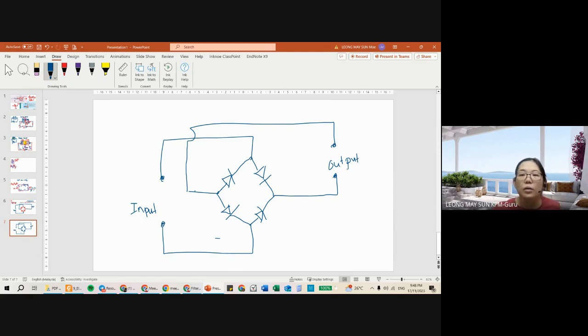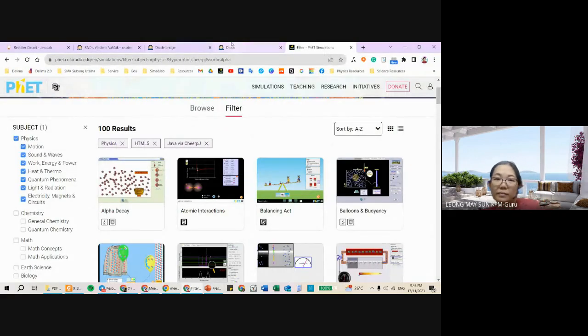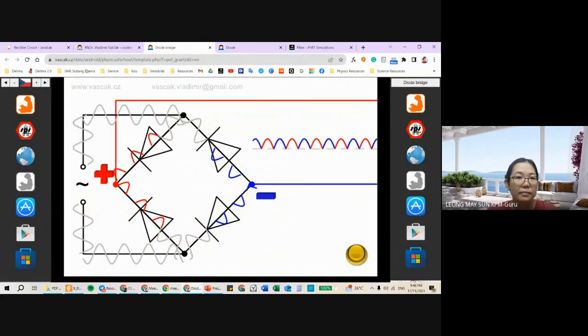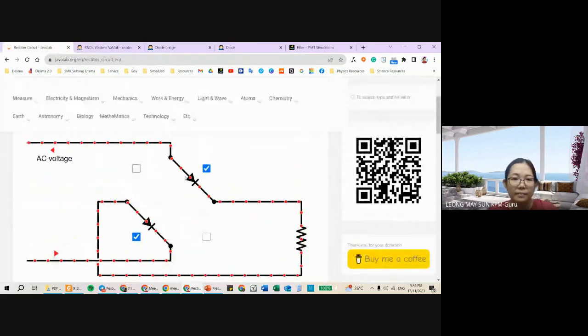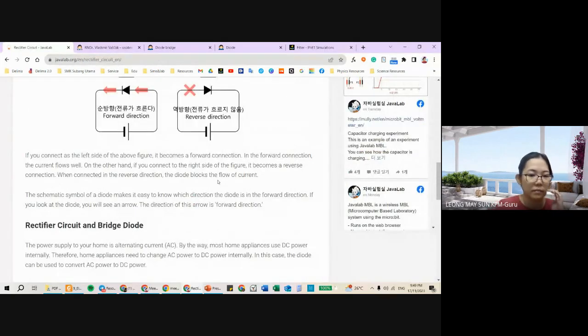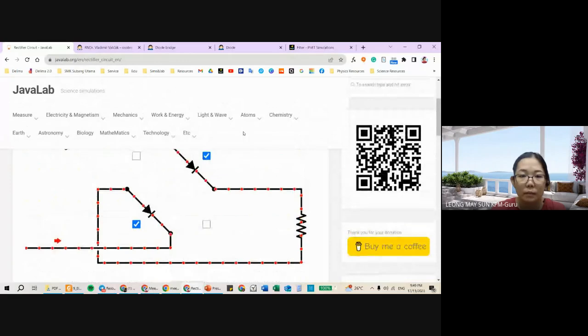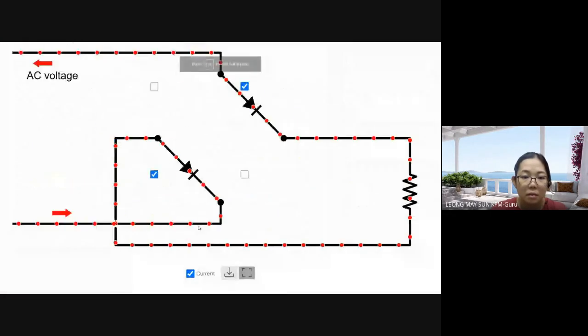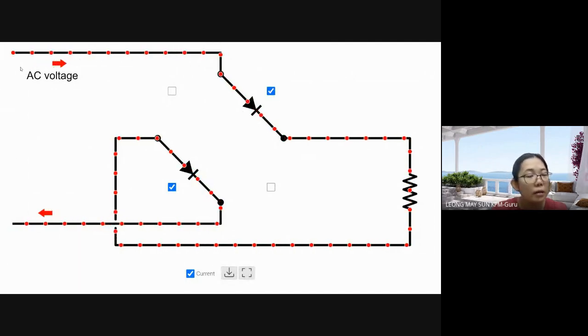Okay, so I'm gonna use simulation to explain. Okay, so what happens here is this voltage is alternating right now.